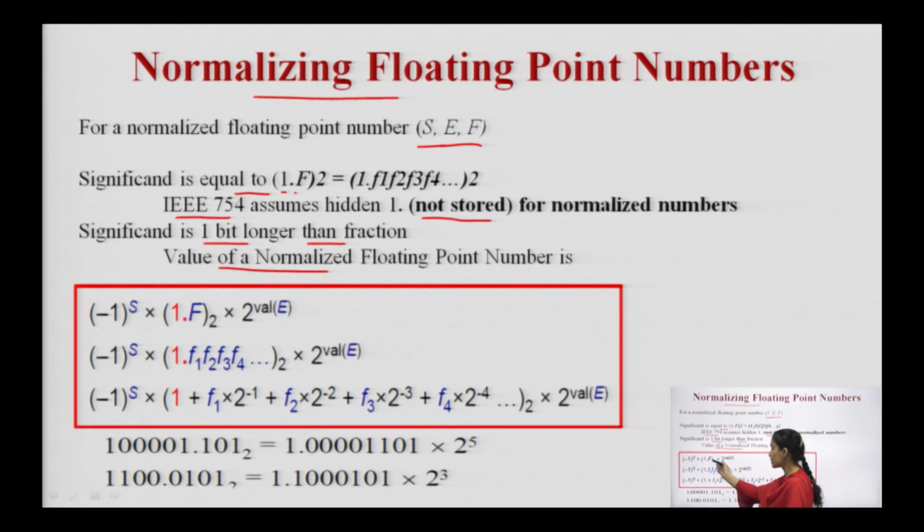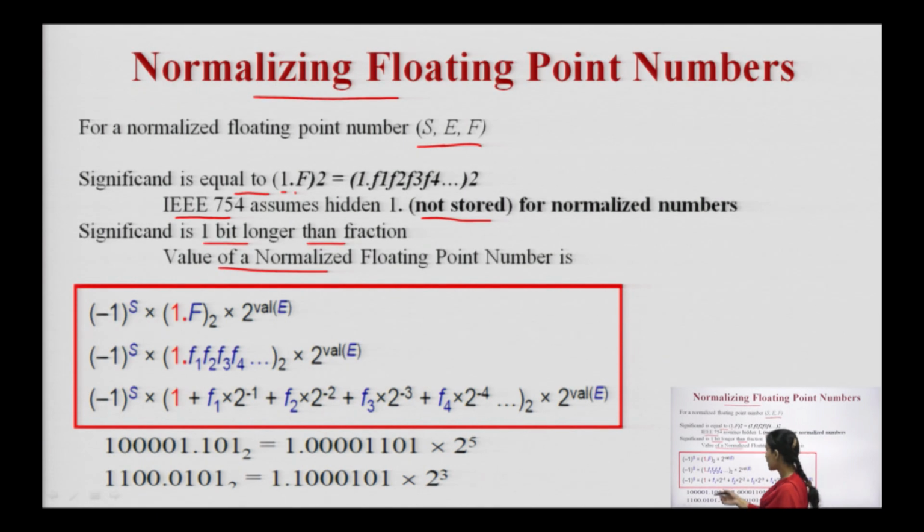That is, this f is a part consisting of f1, f2, f3, f4 and so on. My number is (-1)^s × 1.f1 f2 f3 f4 × 2^(value of e).